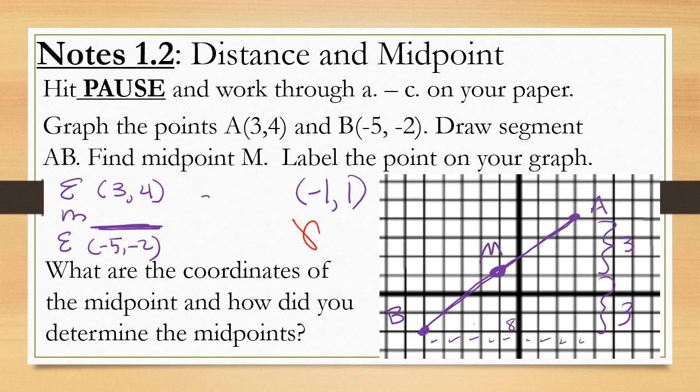So if I take 3 plus -5 and divide that by 2, this becomes -2 over 2, which is -1. And if I take 4 plus 2 and also divide that by 2, I get 6 divided by 2, which is 3. So that's a way that we could also mathematically calculate the midpoint, and we call that ME.